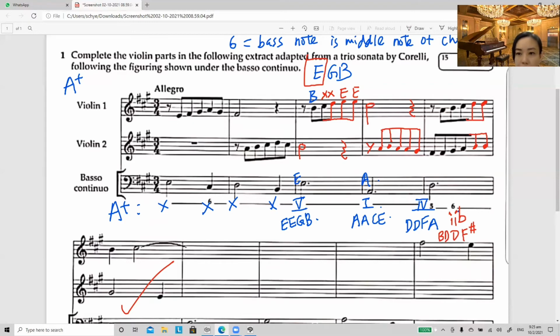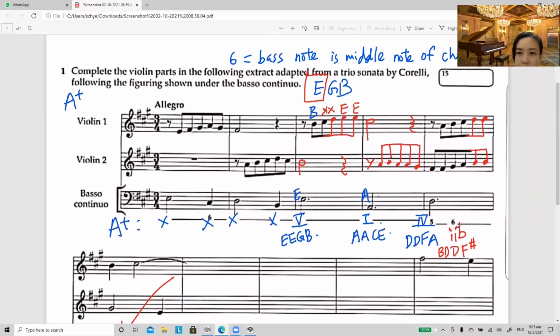So I end the melody with B, which means every note that you write must have a reason. Over here, I choose B, B and D because they belong to the chord. Okay, next line.